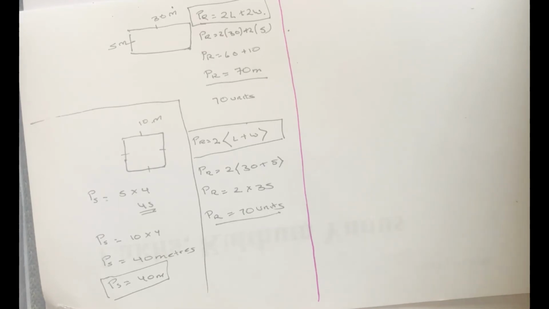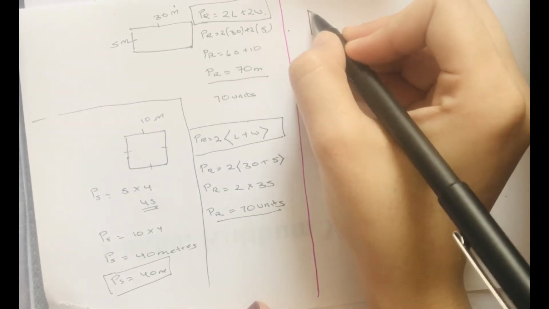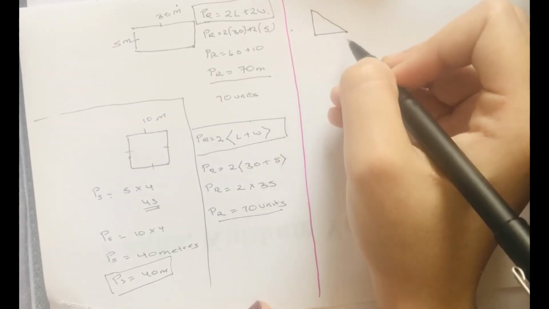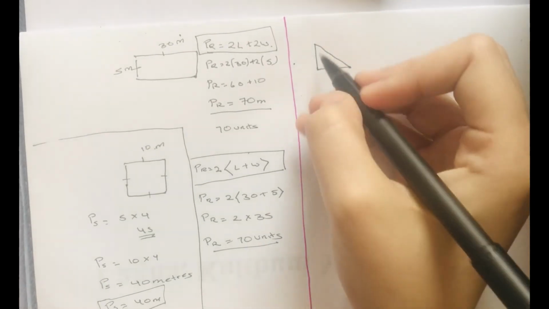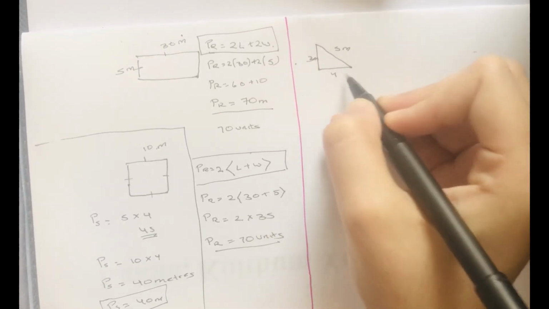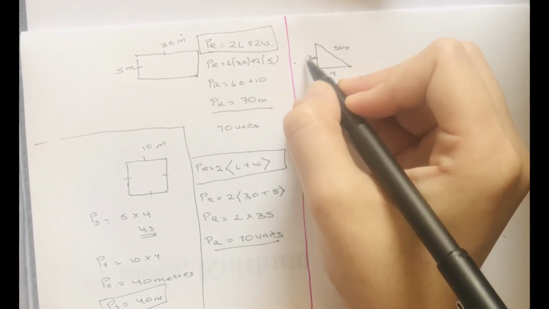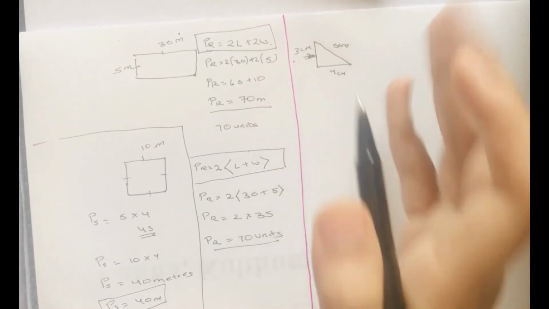Now let's go to irregular shapes. The first irregular shape that I have here is a triangle. We all like triangles, don't we? They're really nice. So we have 3, 4, and 5, let's go with centimeters this time. 3 centimeters, 4 centimeters, 5 centimeters.